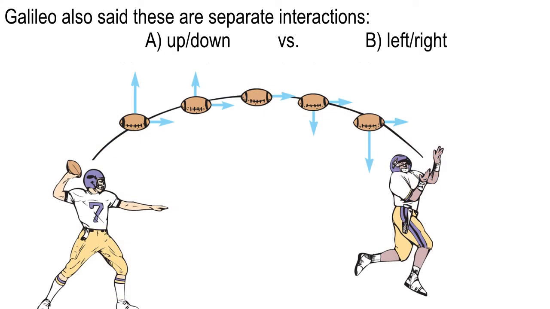And here's another thing Galileo said, and this is also related to the Ferrari driving off a cliff problem. He said that those two motions are separate. What it does vertically, up and down, and what it does left to right on the frictionless plane, those are separable. You can analyze one of them separately.